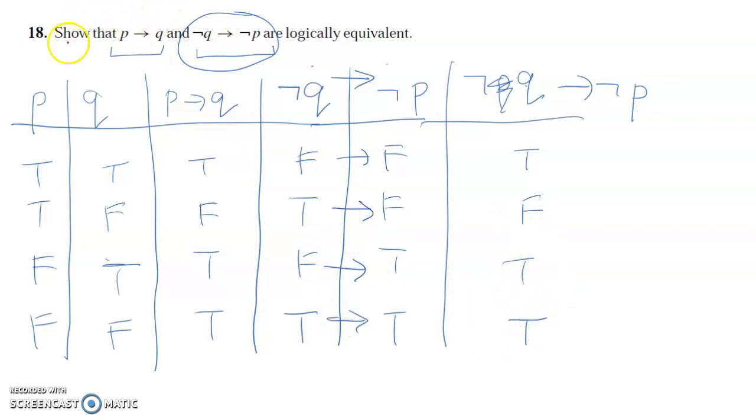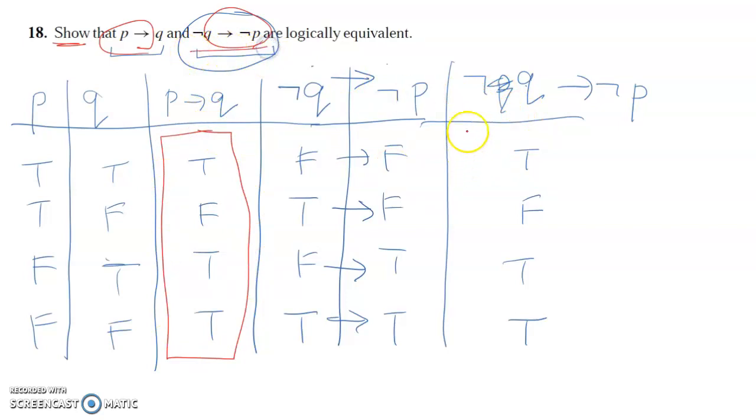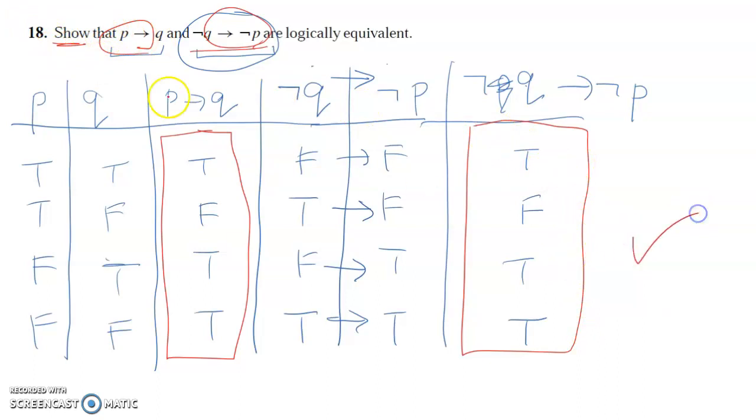Now we have to show that this and the second given statement are logically equivalent. If P then Q is the third column, and our second statement is our last column. We check whether the true and false values are the same, and in this case they are equivalent: TFTT, the same as TFTT. So this is how you show that those two statements are logically saying the same thing.